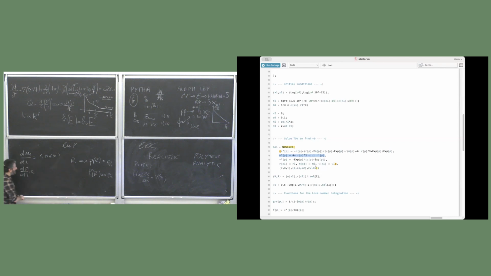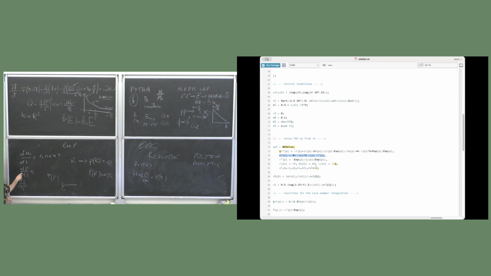I can reverse this equation. So instead of solving dP in dr, I can actually solve dr in dP. And then I integrate, instead of as a function of R, as a function of the pressure, and the radius of the star just basically becomes an extreme of integration.